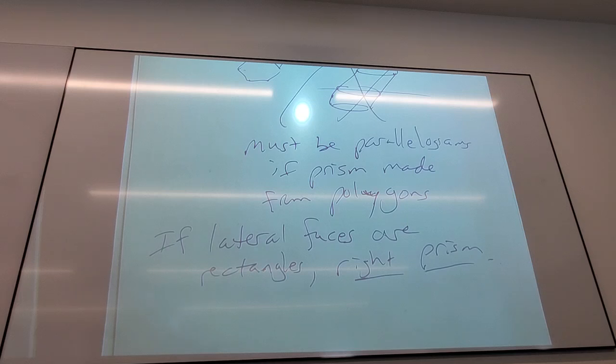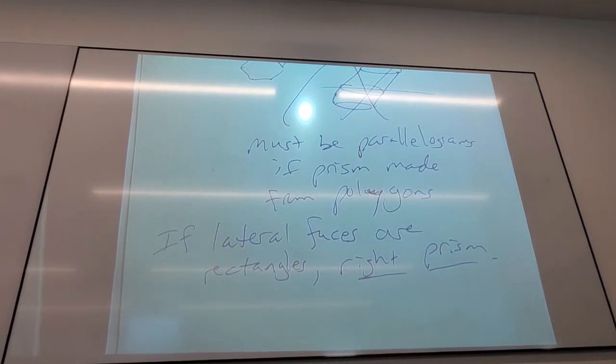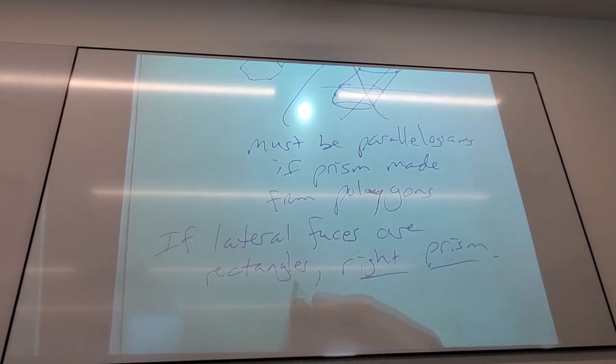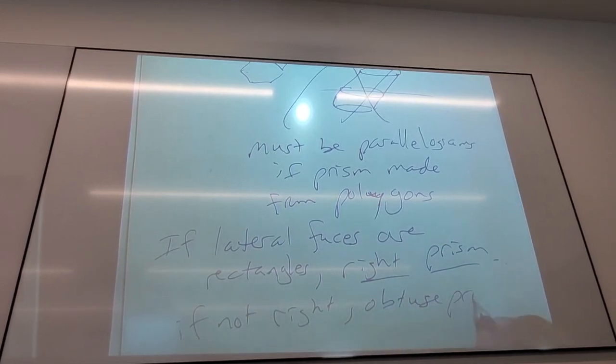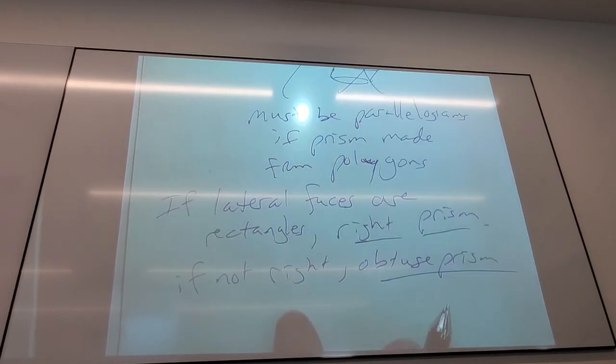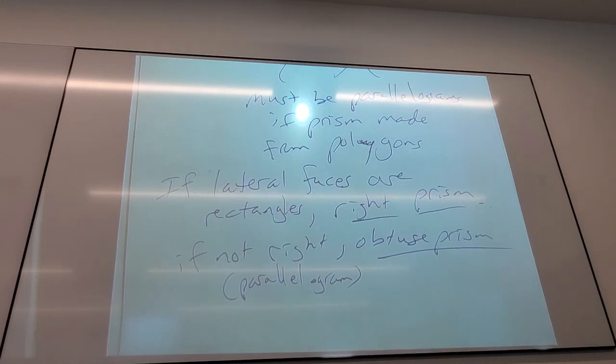If it's tilted, it must have parallelogram edges. We would call that an oblique prism. So if it's not a right prism, meaning it's got parallelograms, then it would be an oblique prism. Okay, I like it.